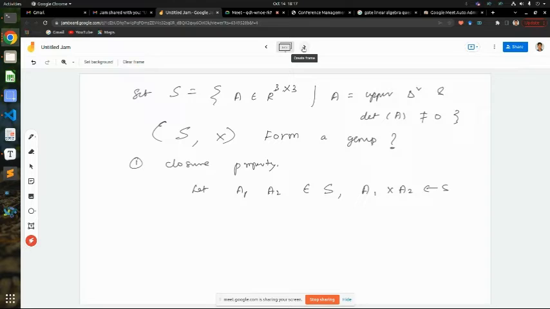Whenever you obtain a matrix by applying the multiplication operation to two elements in the set, the resulting matrix should also be upper triangular, and further its determinant should also be not equal to 0.